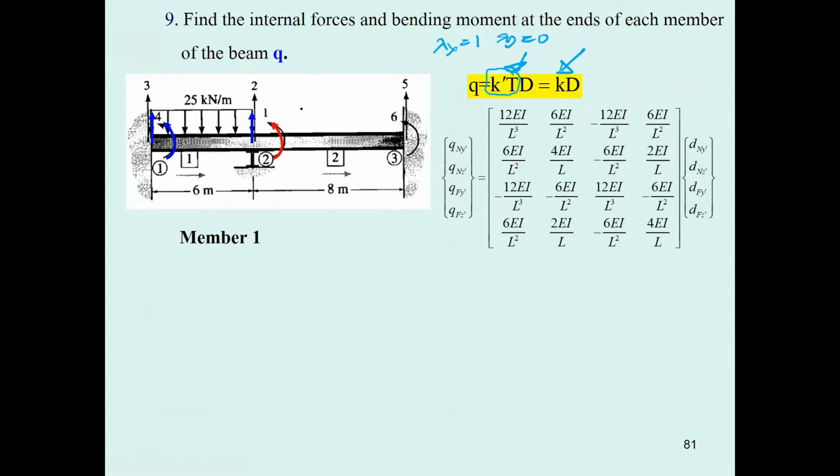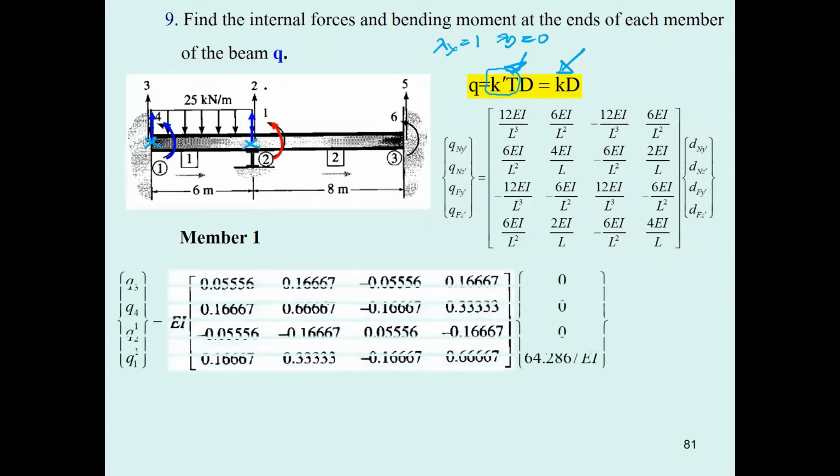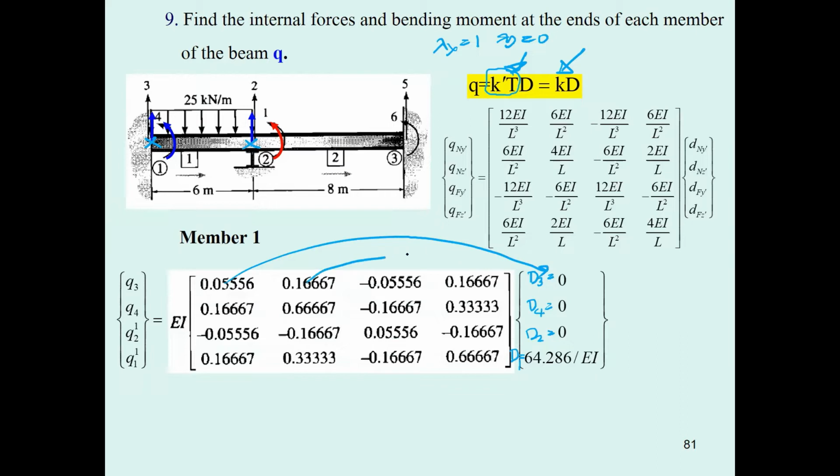And before you compute, just check your degree of freedom orders. That is going to be 3, 4, 2, 1. And then the D, this is going to be D3. This is going to be D4. This is going to be D2. And this is going to be D1. And for this, you don't need to put everything into the calculator, because for this first one all are 0.